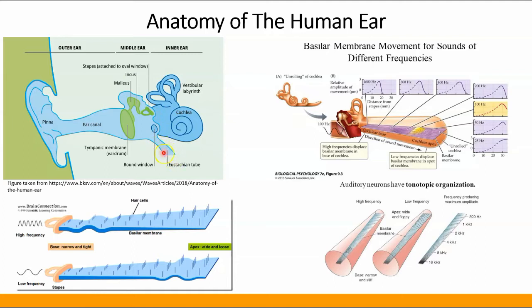The Eustachian tube works to equalize the air pressure in the middle ear with the air pressure in the atmosphere. This process helps to maintain the postural balance of the human body.